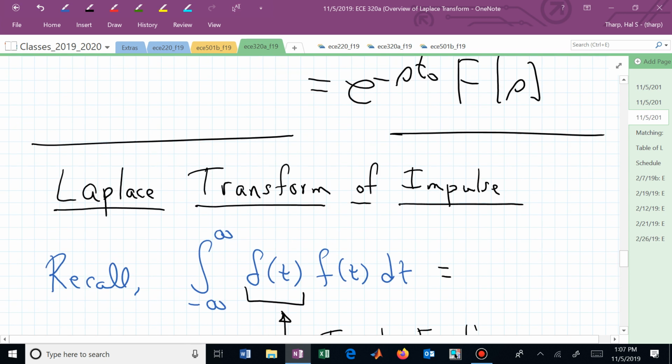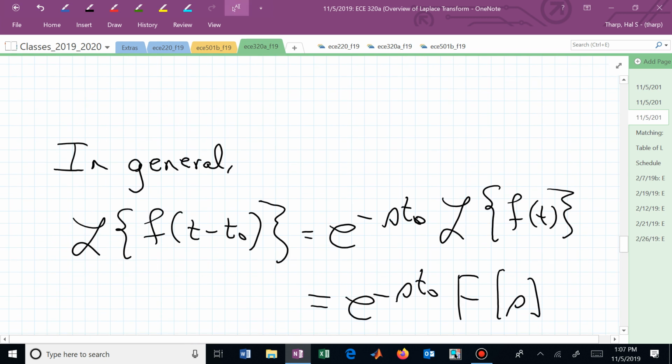The question was, in this expression, does this property only work for t naught negative? I'm sorry, positive, because we're subtracting. F of t, so it's a delay. And no, it will work for an advance as well.